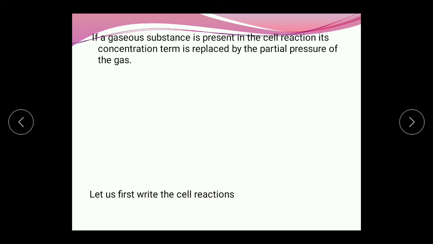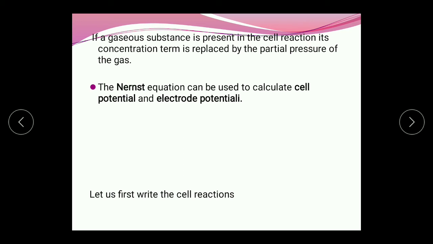So instead of the concentration term, we have to take partial pressures of the gas if gaseous substances are present. So the Nernst equation can be used to calculate cell potential as well as single electrode potential also. How? We will see by taking examples.